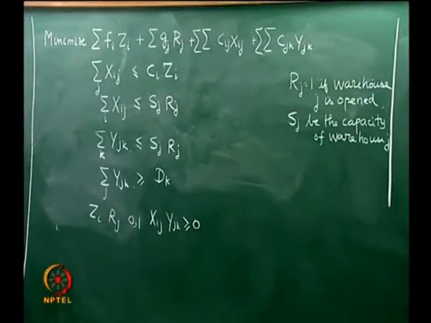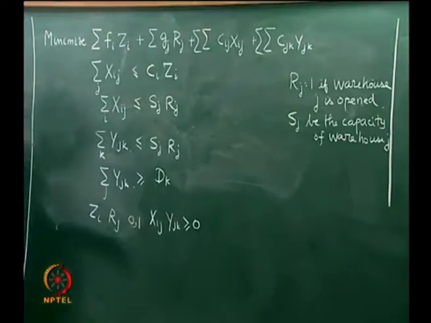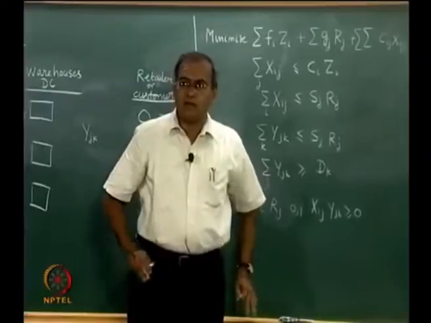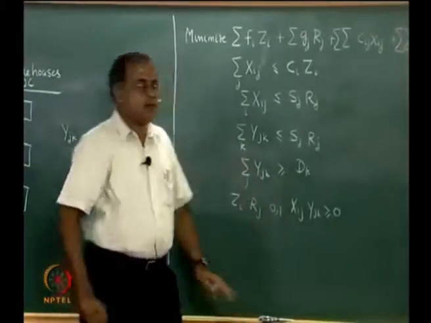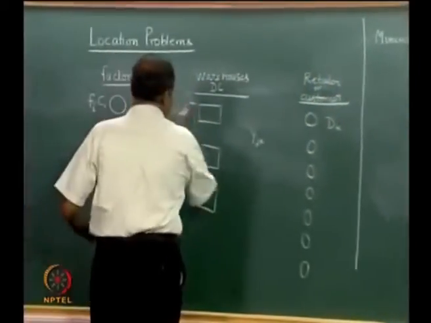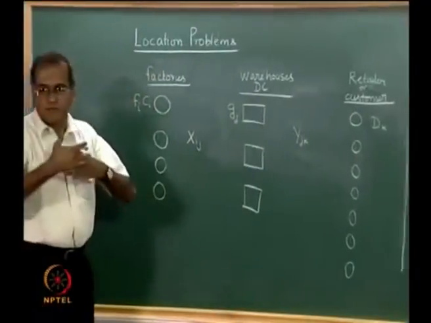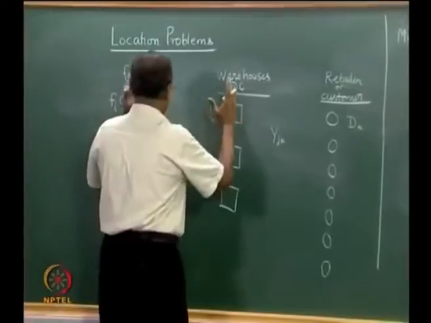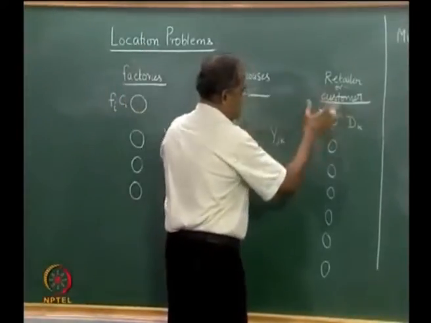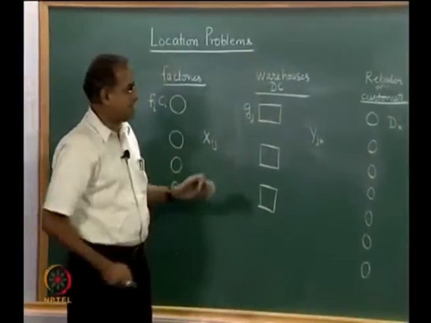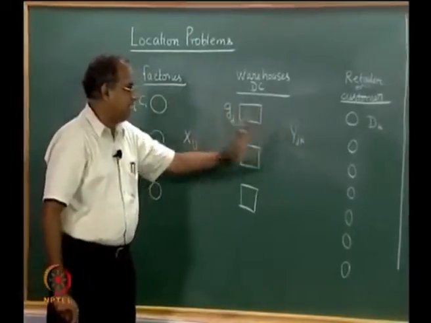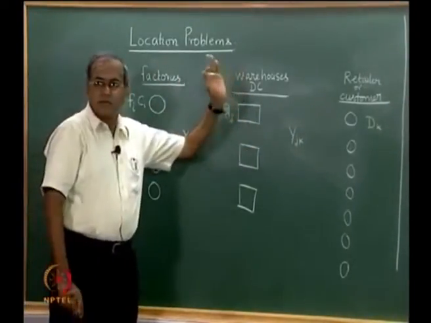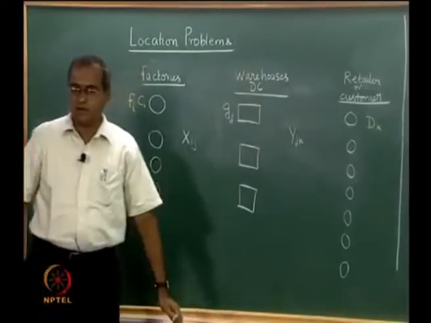So, this is a generic formulation of a multi facility or a multi level location allocation problem, where we consider 3 levels here in the production distribution network, and we say 2 stage, this is one stage, this part is another stage, or essentially there are 3 levels and 2 sets of interactions between the factory and the warehouse and between warehouse and the retailer.